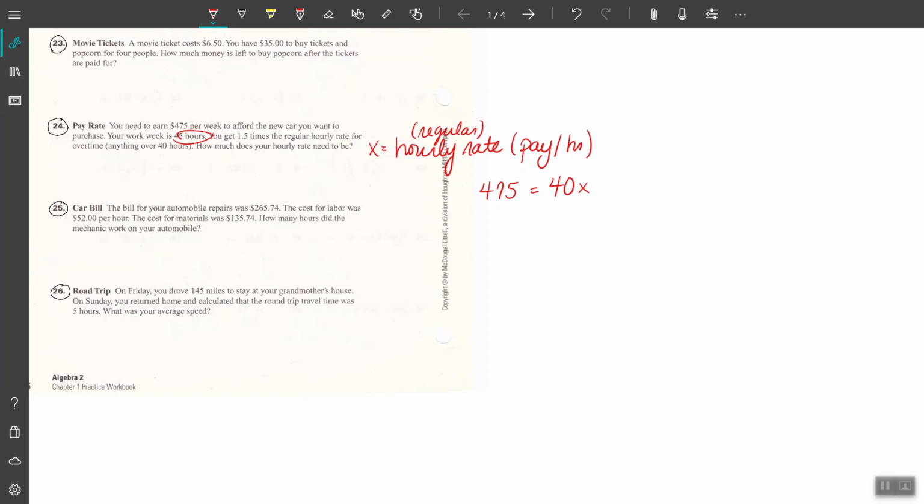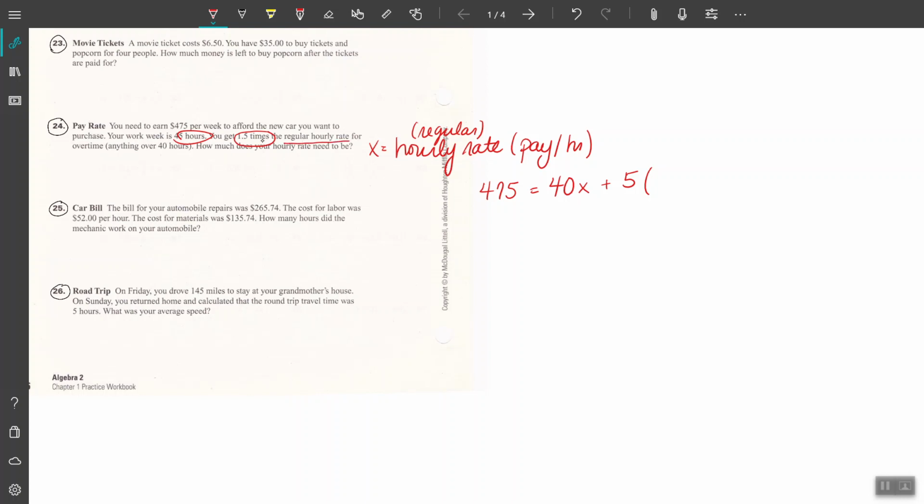So $475 is going to equal 40 hours times whatever that hourly rate is, and then we're going to add to that, though, the 5 hours of overtime pay you're going to get. So you're going to work 5 hours, and they told you in the problem right here that you're going to make 1.5 times the regular hourly rate.